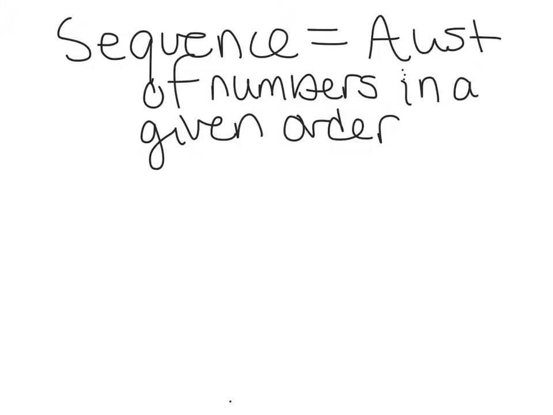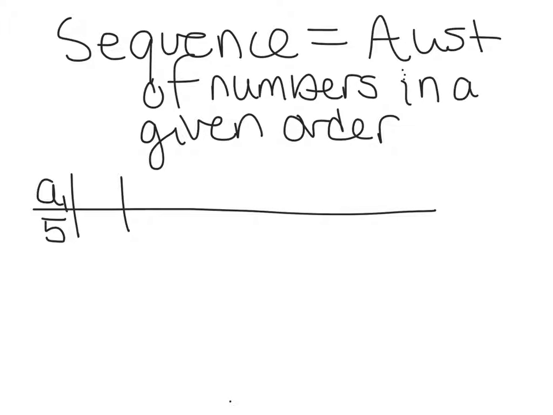So if you have a list of numbers, I'll just use an example. This is what I call A1, since this is the first term, it comes first, and it can be 5. And then A2 might be 7, and then A3 might be 9, and A4 might be 11, and this can keep going forever. So again, a sequence is just a list of numbers that have some kind of order to them.